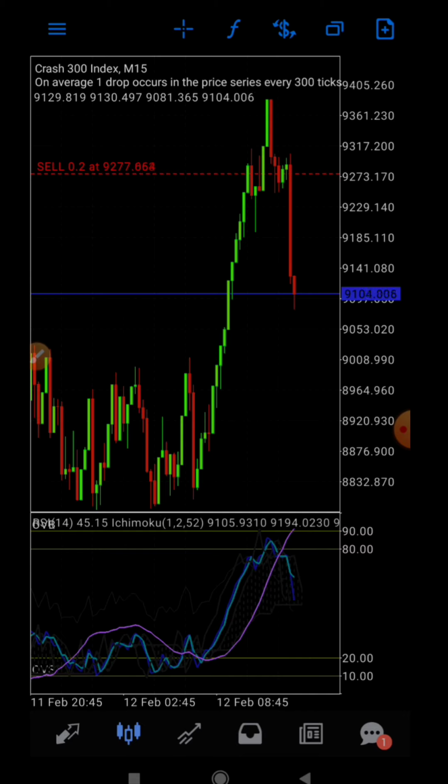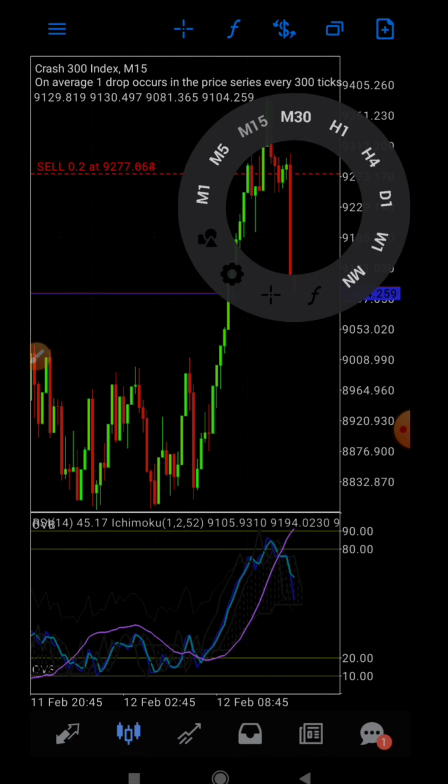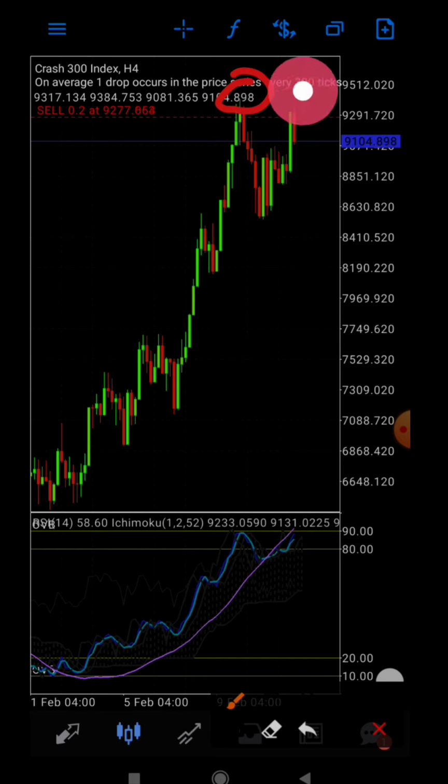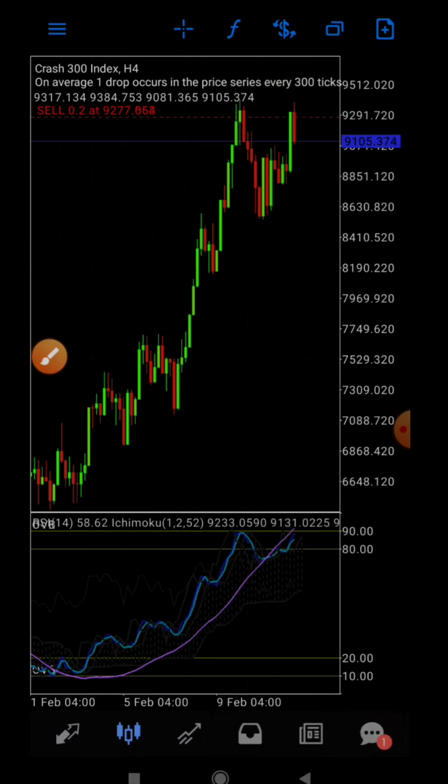Before I took this trade, I went to the 4 hours, and as you can see on my 4-hour time frame, the price formed what they call a double top. You can see that. So immediately I saw that double top, I said, okay, this is getting very interesting on the 4-hour time frame. Then the next candle formed and I started seeing a rejection from the top.